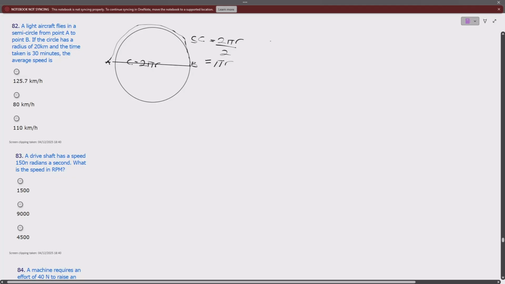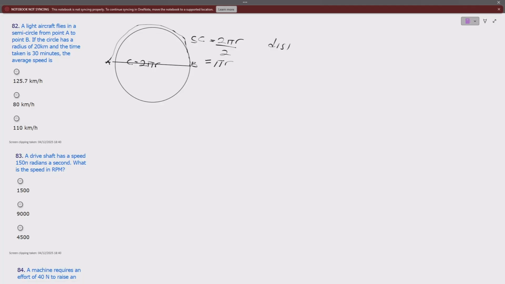So distance equals pi r. And the time given, t, equals 30 minutes. 30 minutes converted into hours will be 0.5 hours.